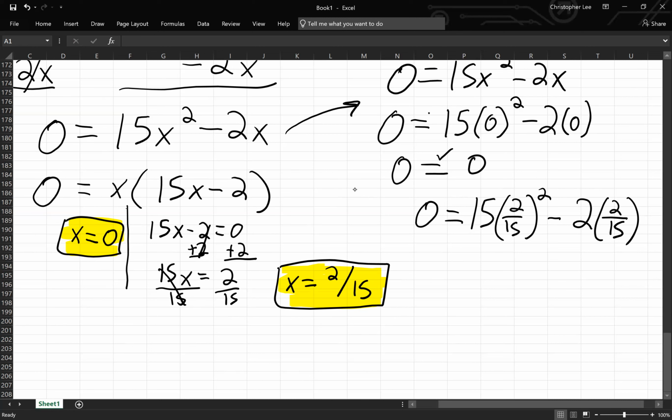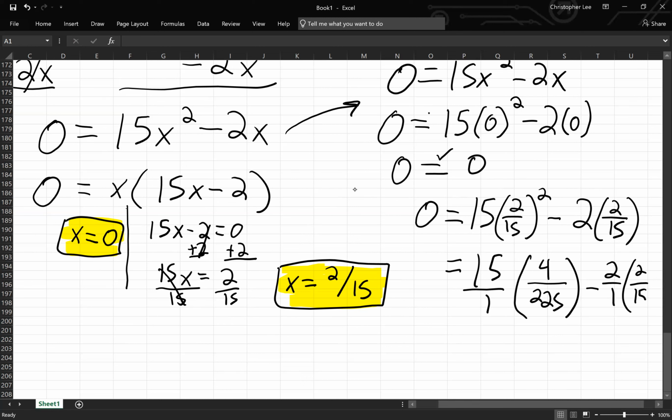If I do the math on this, what is this? It's going to be 15 over 1 times, what's that, 4 over 225, something like that, minus 2 over 1 times 2 over 15, right? And then 15 goes into 15 once, 15 goes into 225 15 times.